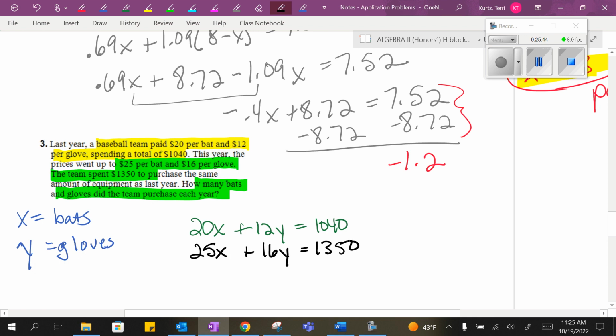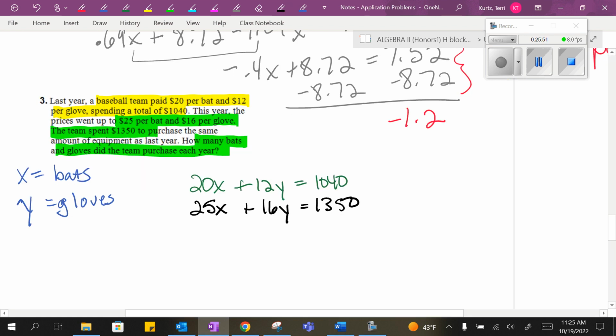Okay. So now, when I'm looking at this, I'm going to use elimination because I really don't want to divide, and substitution I have to do fractions. But when I look at this, nothing sticks out as being too easy to eliminate at the moment. But let's look at my x values here.